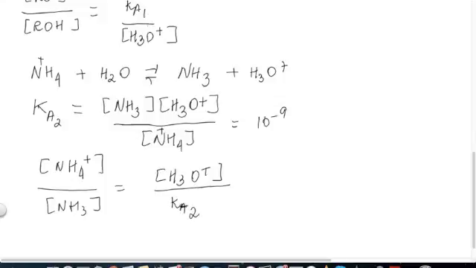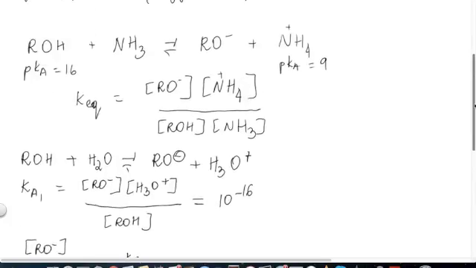So now we can plug these values into our original equilibrium constant. In other words, this whole thing is equal to Ka1 over hydronium times hydronium over Ka2.